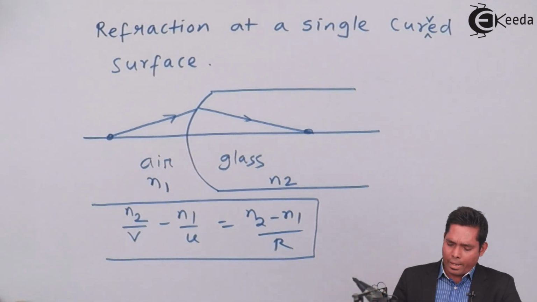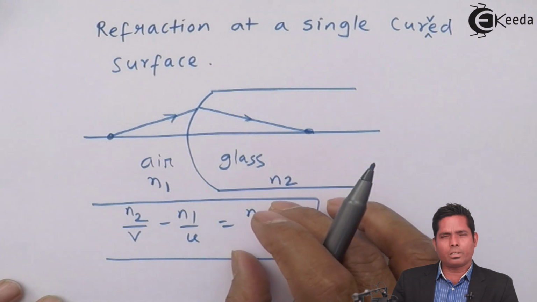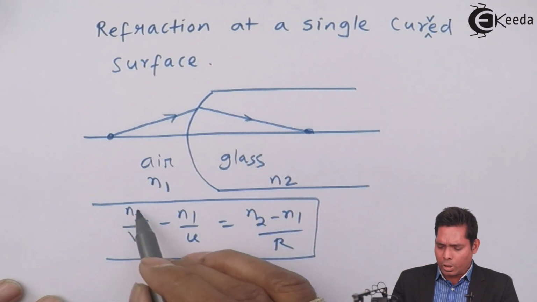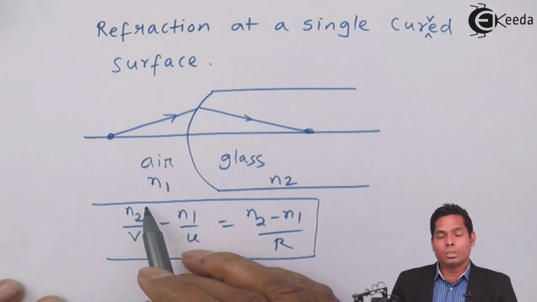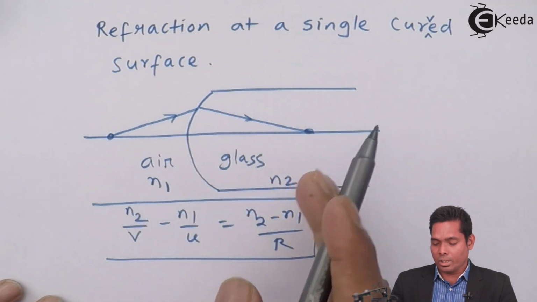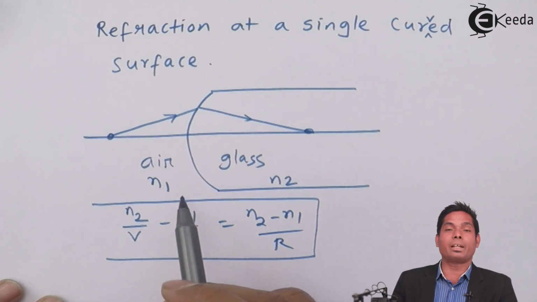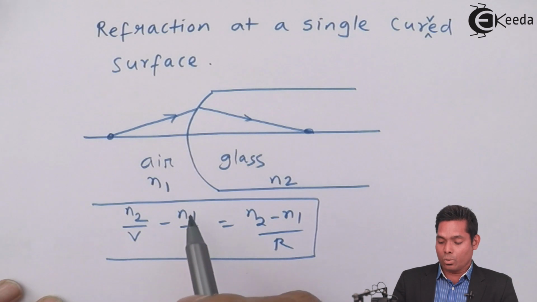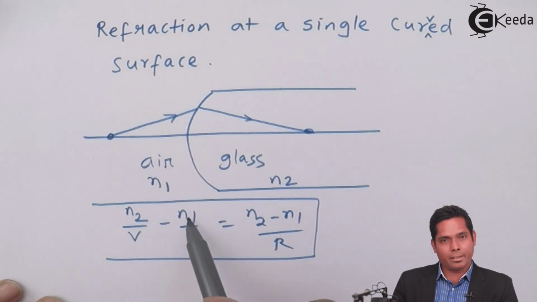Now if I use this formula, we have to keep one thing in mind: n2 is always the refractive index of the medium to which the light is reaching, and n1 is the refractive index of the medium from which light starts traveling. So if it is air to glass, n2 will be glass and n1 will be air.